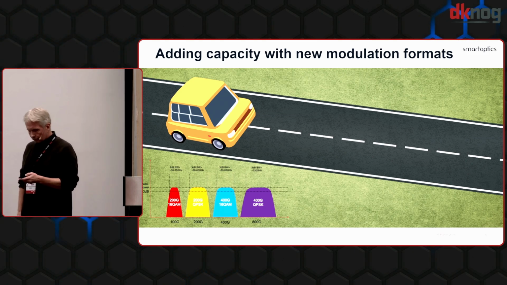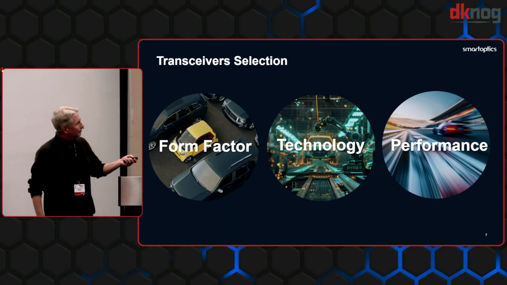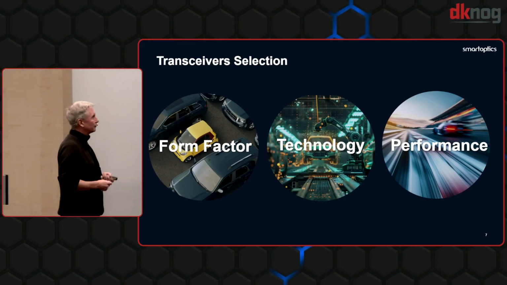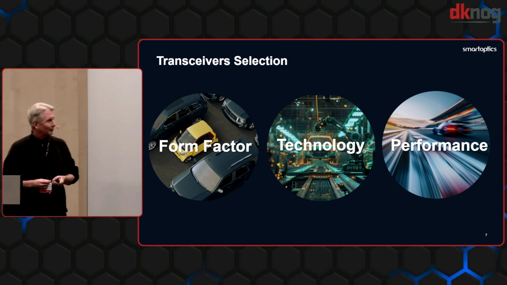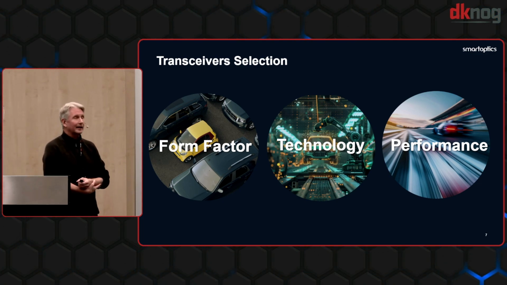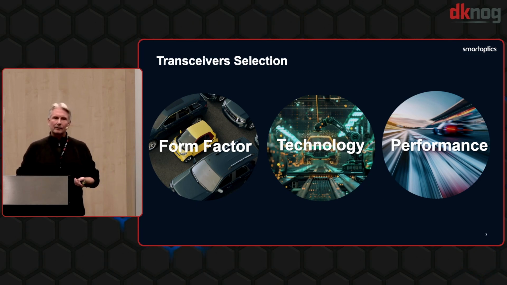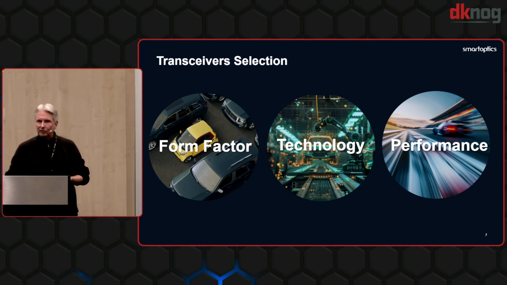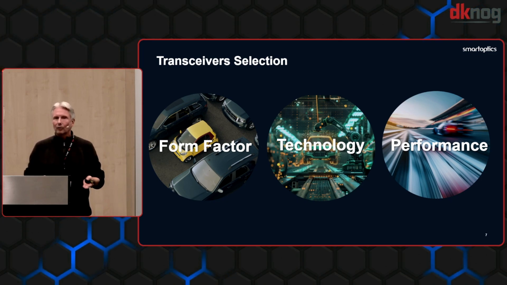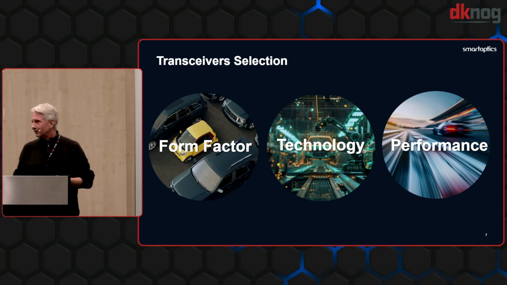So what do you as a router guy need to do to select the right transceiver? First part is, I promise not to walk around too much, sorry, with the cameras. So the form factor piece there is, I would say, a quite simple selection. If you have a router with QSFP28 ports, you are limited to the QSFP28 form factor.